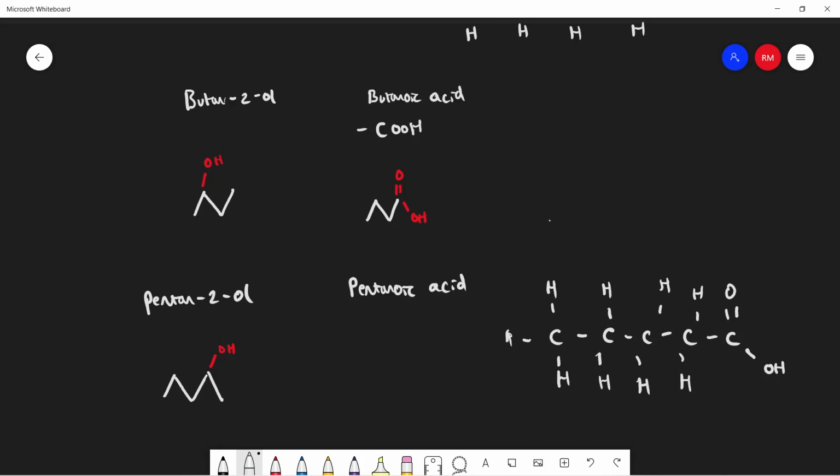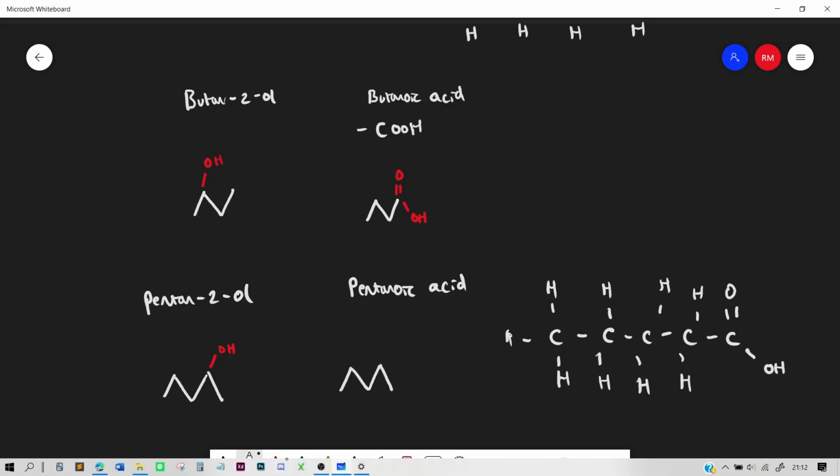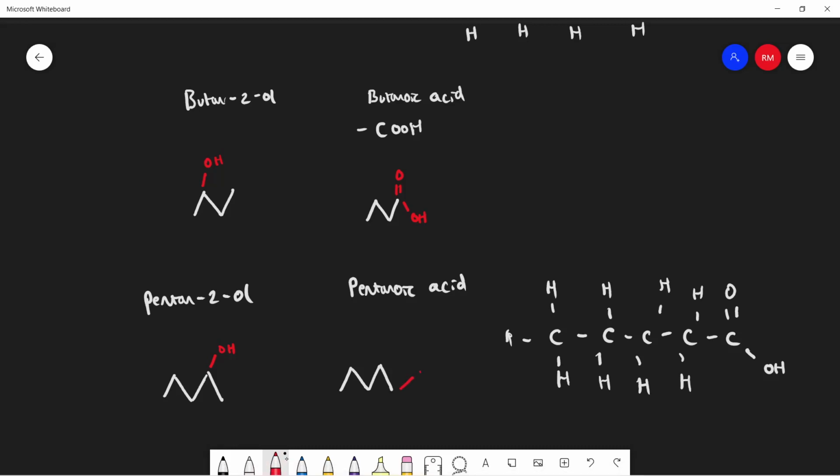Here we have the displayed formula of pentanoic acid, and the skeletal formula should be drawn as follows. We should have the OH going off here, and you could have had it the other way, so the double bond coming up here and then the OH coming down.